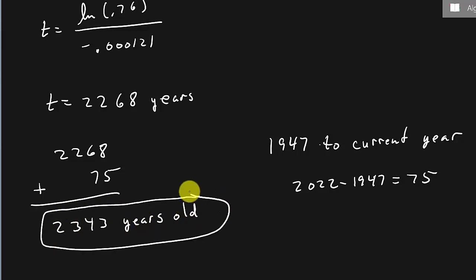That's up to 2022. So that's an estimate of about how old they are. If you're watching this video later on, use the current year that you're in to figure out how old they are. But I thought this was just something different.